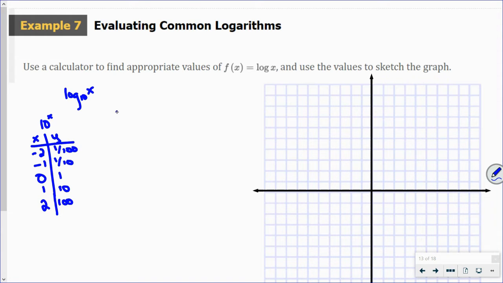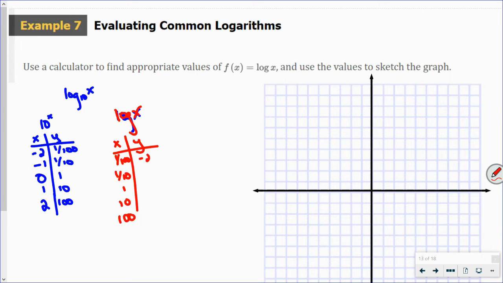When we go to log of x, remember that since those two are inverses, the x's and y's switch spots. And we had talked about a quick way of finding these xy ordered pairs. So 1 over 100, 1 over 10, 1, 10, and 100.